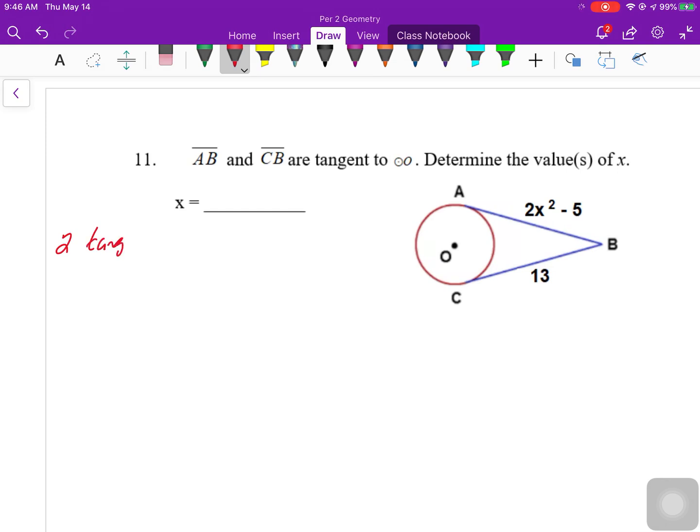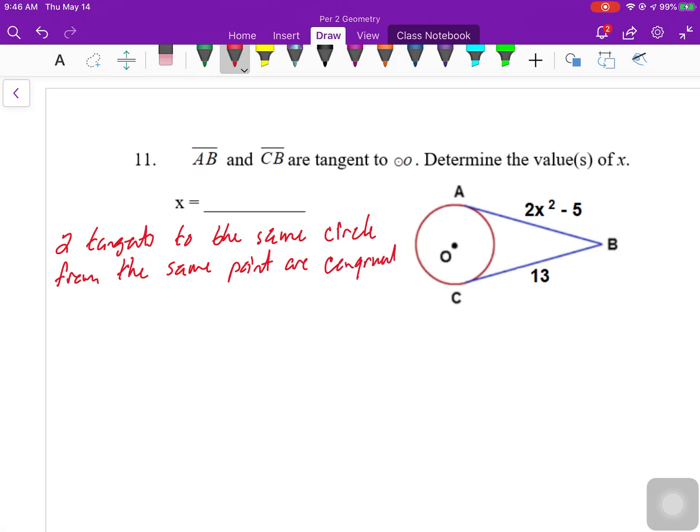Let's take a look at another type of problem from this chapter. Now, this one is based on the idea that two tangents to the same circle from the same point are congruent.